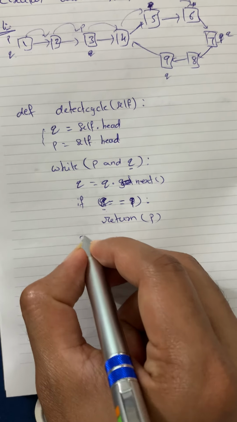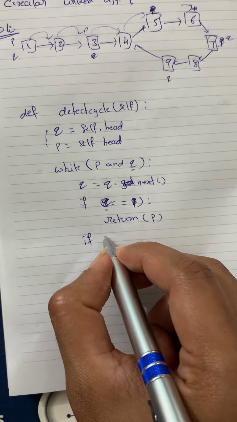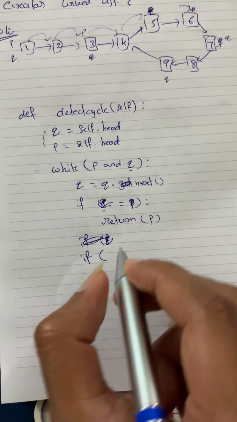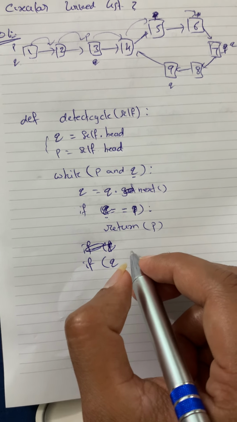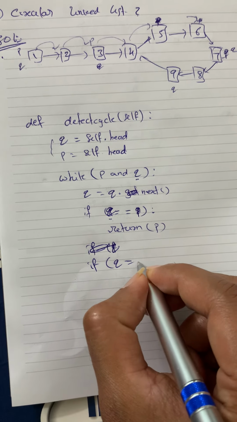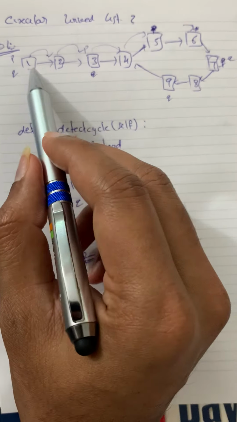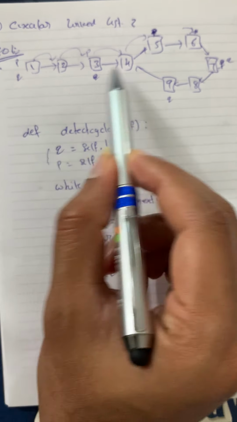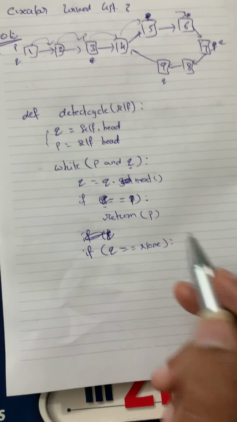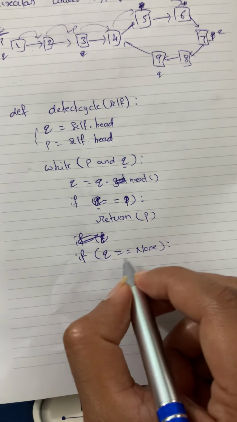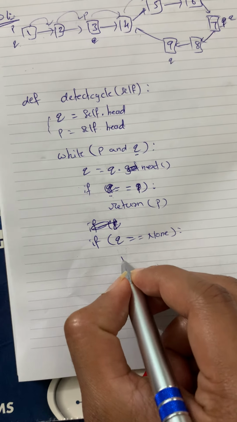But if this is not the case, if at any point q is set to none, which means it is not a circular linked list, and we definitely expect a none pointer, then we return false.